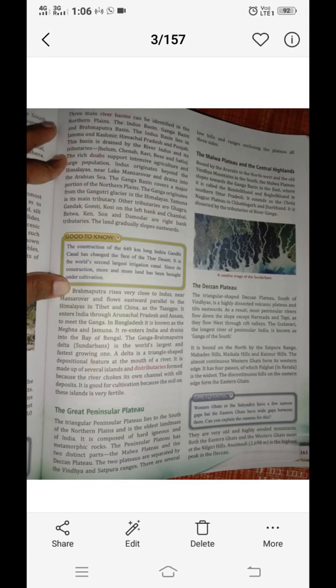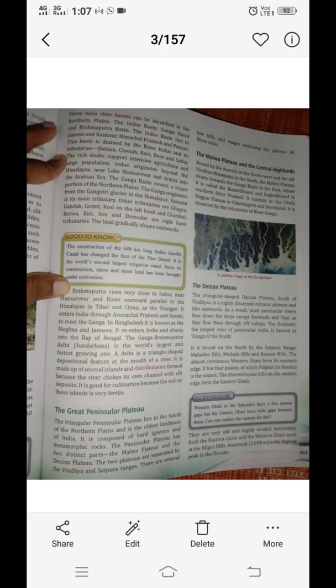It expands as the Chota Nagpur Plateau in Chhattisgarh and Jharkhand. So Malwa Plateau is named as Chota Nagpur Plateau in Chhattisgarh and Jharkhand.